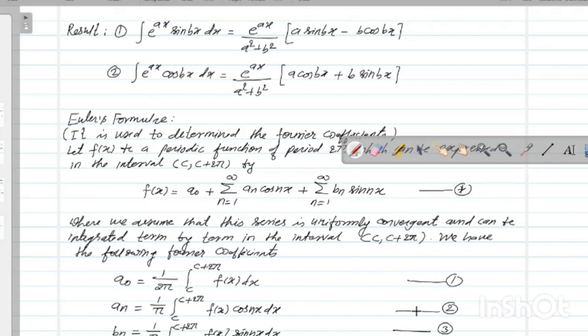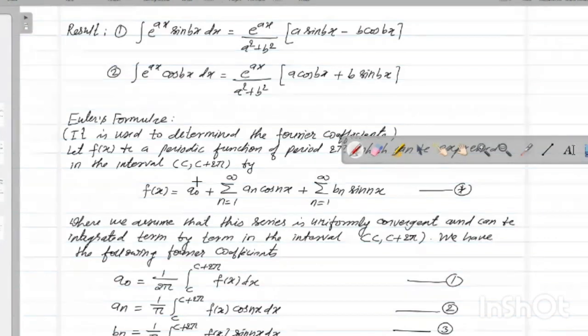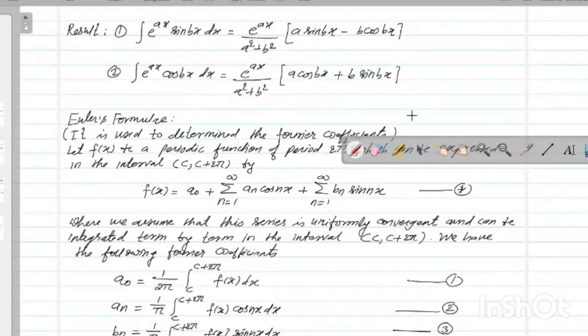So if in the exam you are given a function, and I ask to find the Fourier series of the function f of x in the given interval, then what is your first step? Just write down: let the required Fourier series be this. आपको लिखना है f of x equal to a naught plus sum running from n equal to 1 to infinity a n cos nx plus sum running from n equal to 1 to infinity b n sin nx, and name this equation number star.